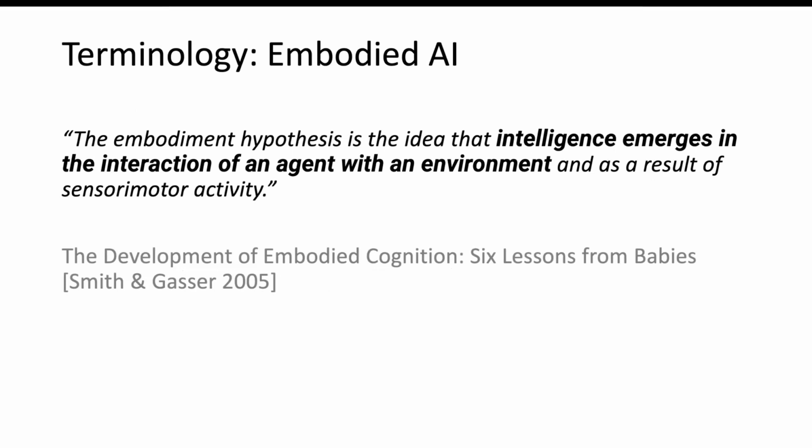So there's this embodiment hypothesis that intelligence emerges when an agent interacts with an environment as a result of that agent's sensory motor activity in the environment. And this is actually coming to us from cognitive science, right? This is studying how human intelligence emerges in human infants. So embodied AI recognizes this embodiment hypothesis, its critical role in intelligence.